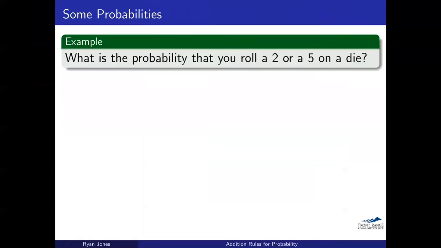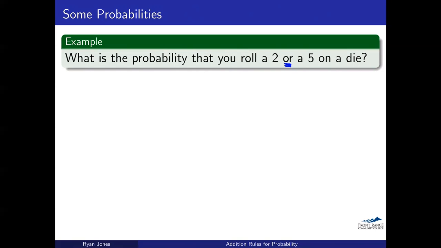I want to say, what is the probability that you roll a 2 or a 5 on a die? That "or" is really the key word there. If I roll a 2 or if I roll a 5, that satisfies this condition of rolling a 2 or a 5. And so the probability should be higher than just rolling a 2 or just rolling a 5.